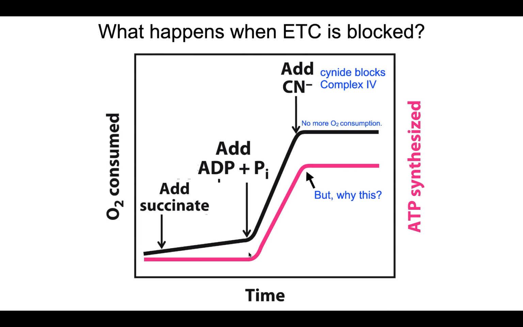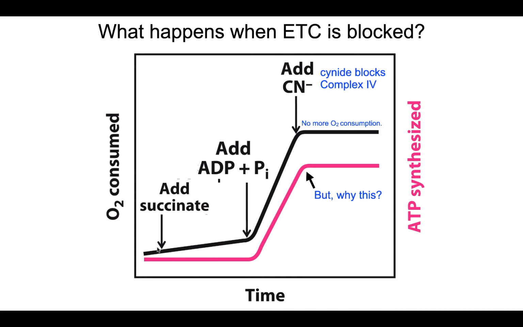So that makes sense, right? If you don't have any ADP or inorganic phosphate, you're not going to get any ATP made.